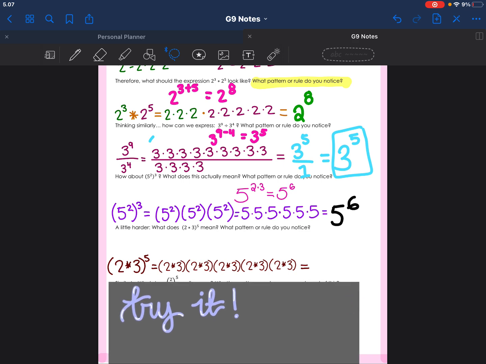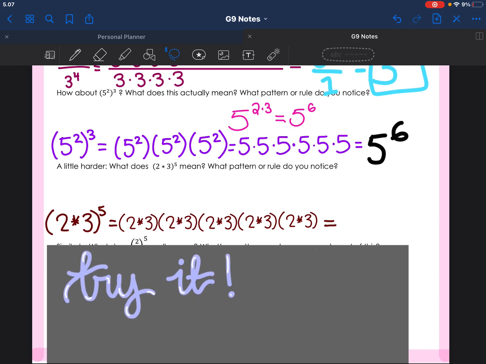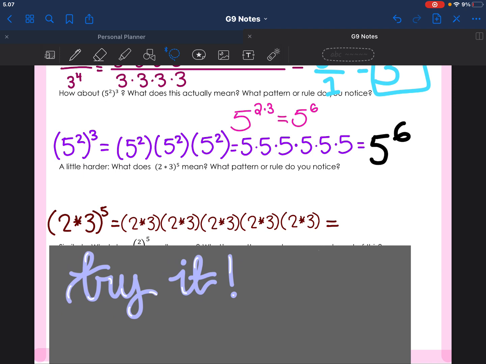So how about this one here? What if there's a multiplication inside the parentheses, and then I raise it to the 5th power? What does that mean? So again, I lay it out. I'm going to count how many 2's there are, and how many 3's there are.